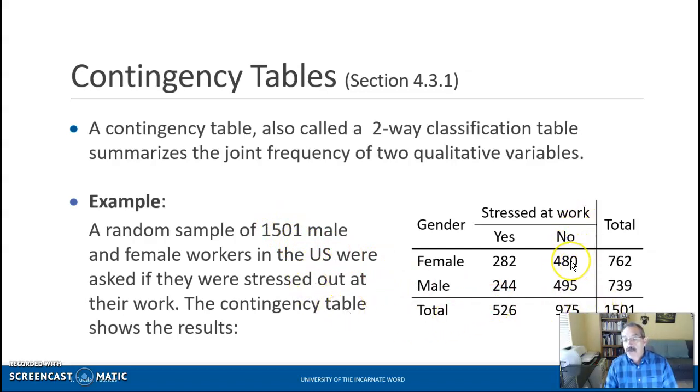Now, if you add the 480 females that are not stressed and the 495 males that are not stressed, then you find that there are 975 workers that are not stressed in their work out of the 1,501. So you can see that if you add 526 plus 975, you get the 1,501 workers. So this is what characterizes a contingency table or a two-way classification.